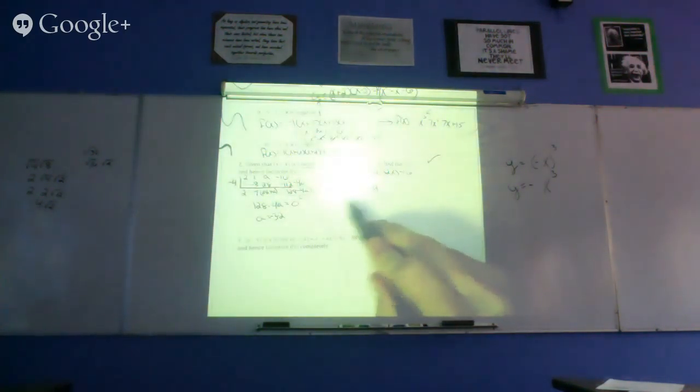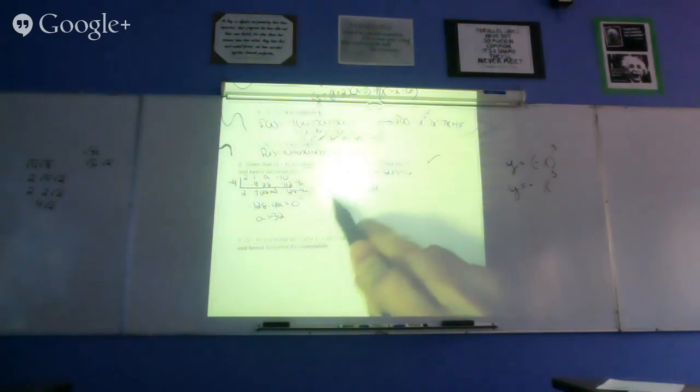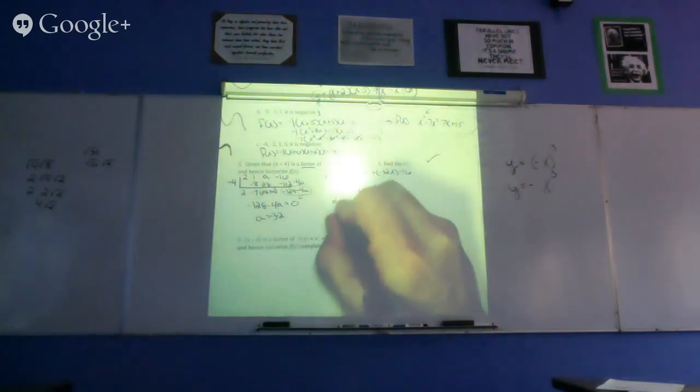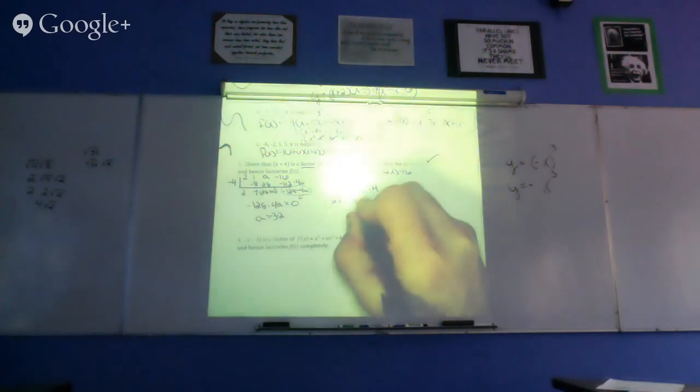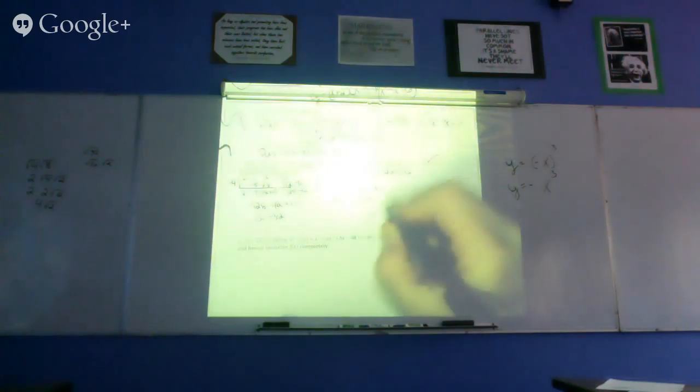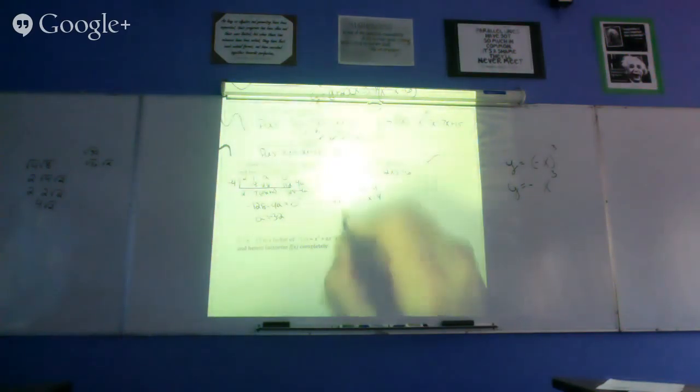Now I look at this quadratic, and what do I do with it? Factor that quadratic. Can I solve that quadratic? Yes. What do I do? 2x squared minus 8x plus x minus 4.